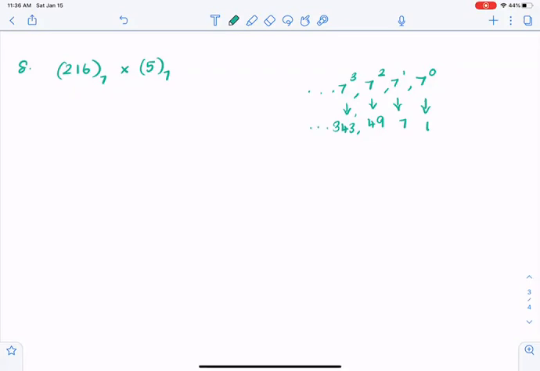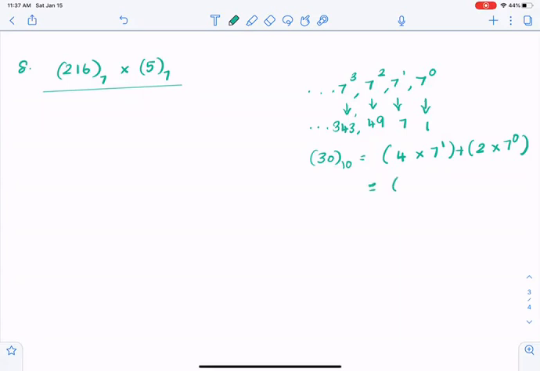So we can only go up to 2 digits in this problem. 6 times 5 is 30, and we want to write it in base 7. Some value multiplied by 7, some value multiplied by 1. So 4 times 7 is 28, 2 times 1 is 2, so 28 plus 2 is 30.